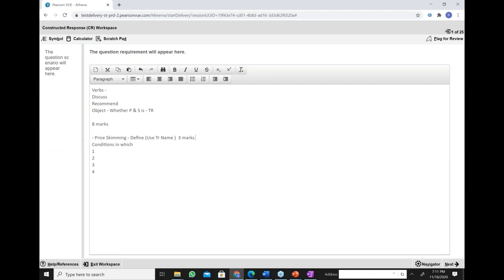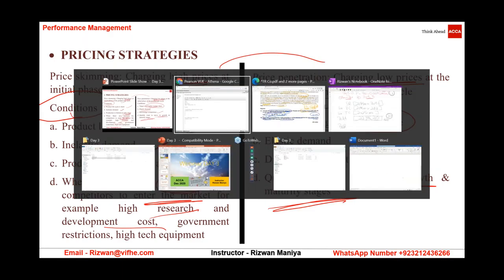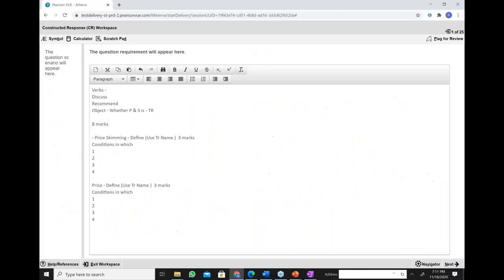Then, use the same strategy and write about penetration. Same, charging lower prices. So write like this: if TR charges lower prices for the anti-malaria drug, the price will be low, and this is used in a condition, and mention the conditions. Use TR name regularly. Are you getting the point?